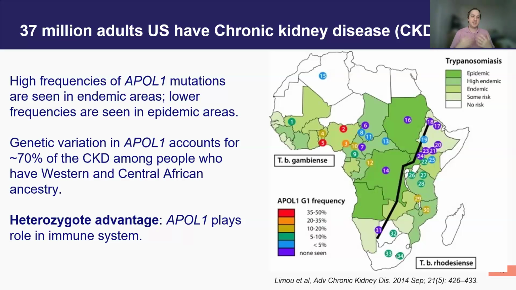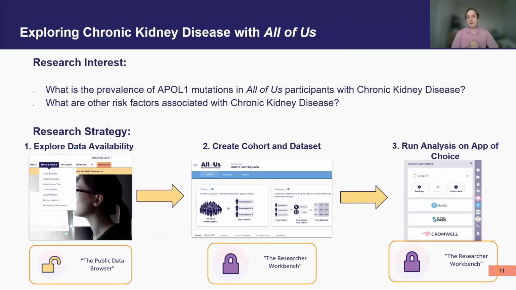So if we're interested in exploring this dynamic a little bit more by looking at what we have on the researcher workbench, we can start building some sort of hypothesis and then engage with that data. So if we had a research interest of recapitulating what has been seen previously and looking at the prevalence of ApoL1 mutations in All of Us participants with chronic kidney disease, we can have that as an interest.